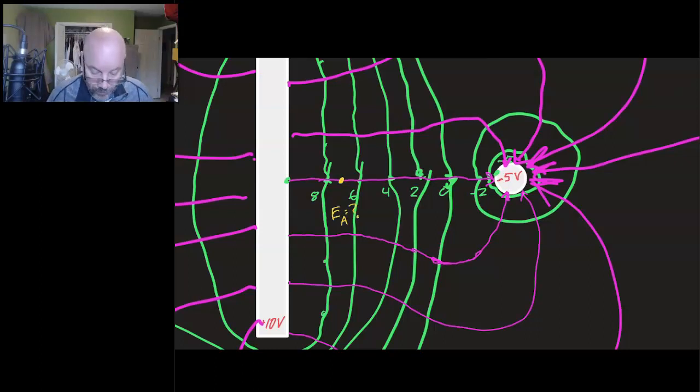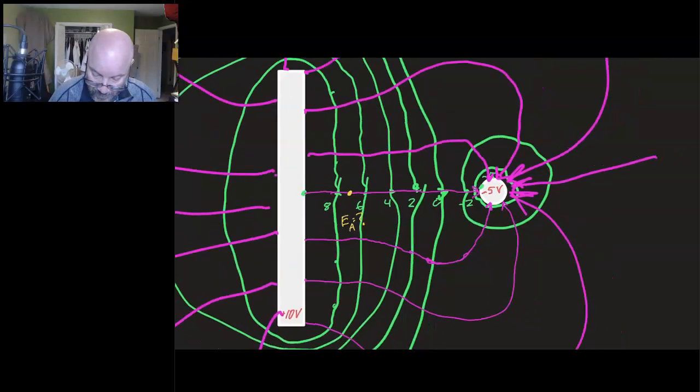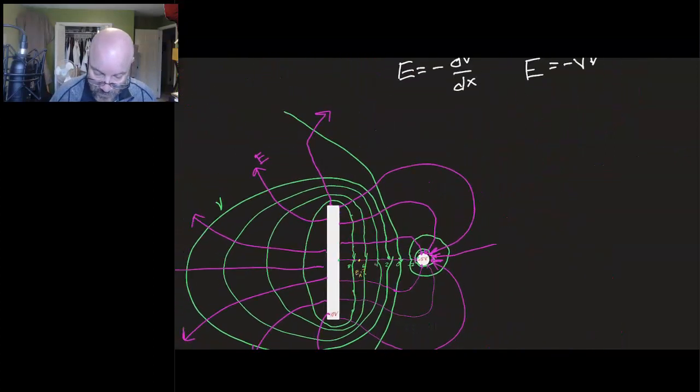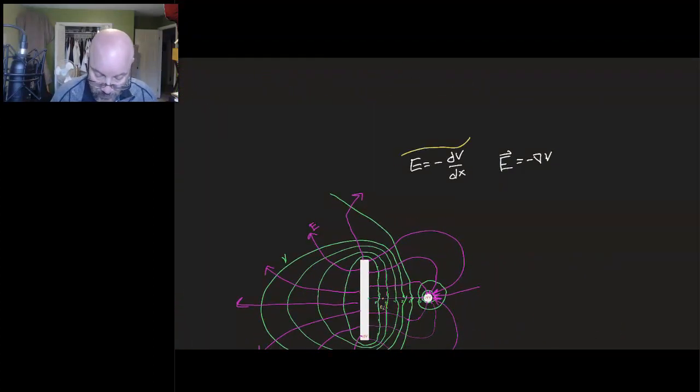Okay. Well, what we have to do is come back to our definition up here, and realize that the electric field is the derivative there. So since it's a real world thing and not a mathematical thing, we can say that the electric field is minus delta V over delta X, just like this.